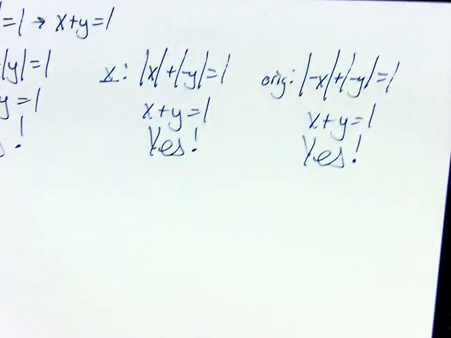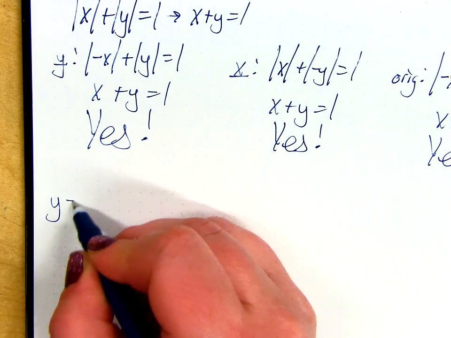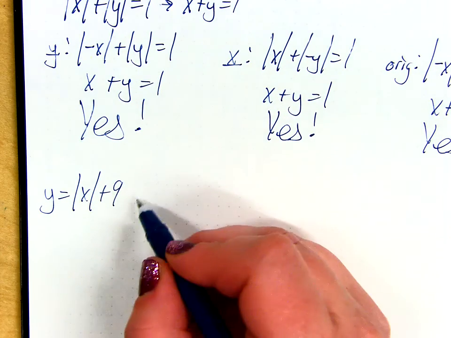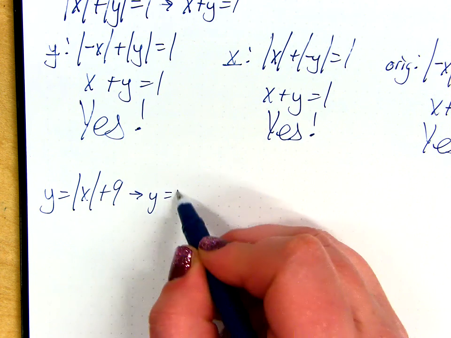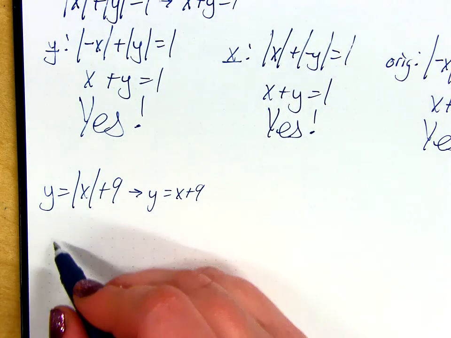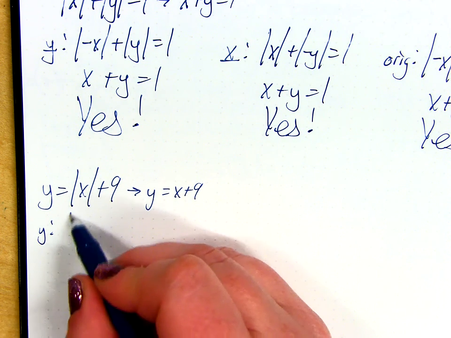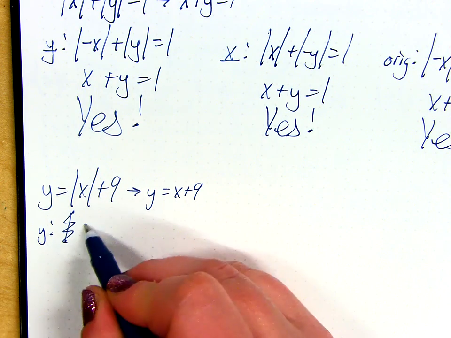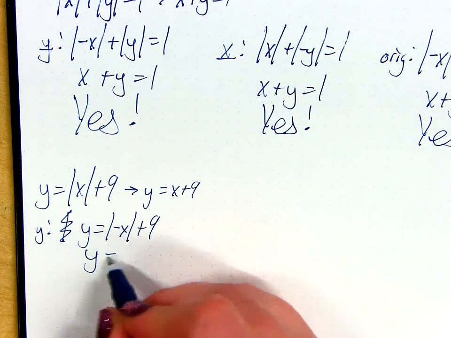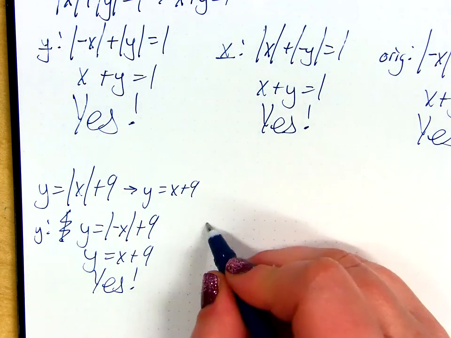Okay, one left. Y equals absolute value of x plus 9. Okay, which is y equals x plus 9, right? If I just simplify that original. So let's see if I can get back to it. So a yes on the y.